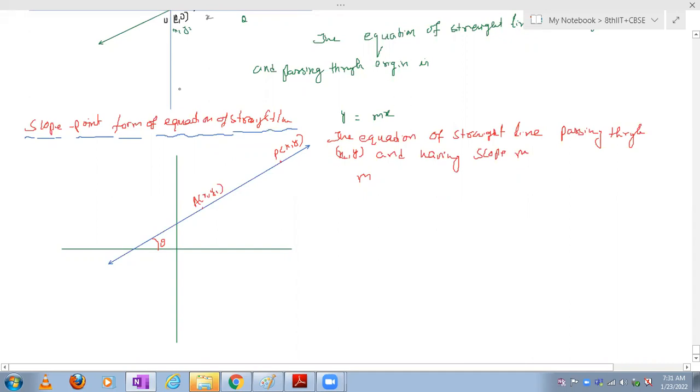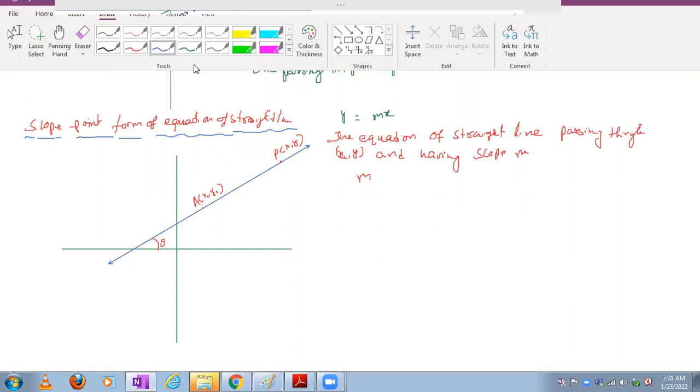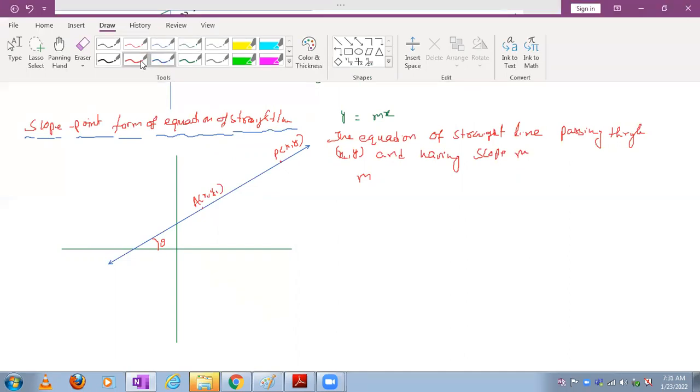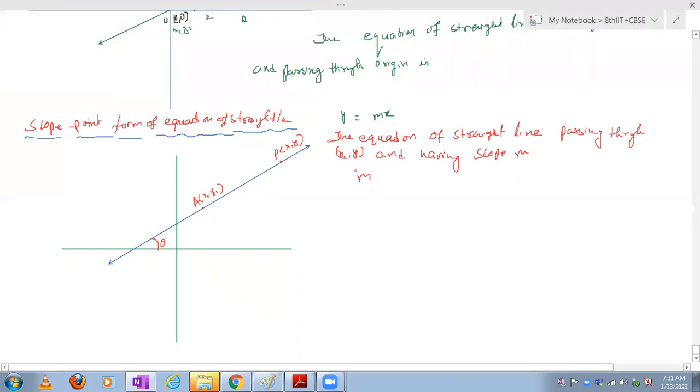So here slope is m only. M is equal to y minus y1 divided by x minus x1. If I draw this projection also, the same thing only you'll get. Tan theta is equal to y minus y1 divided by x minus x1.